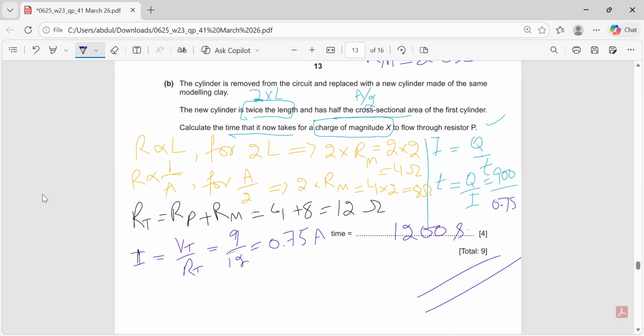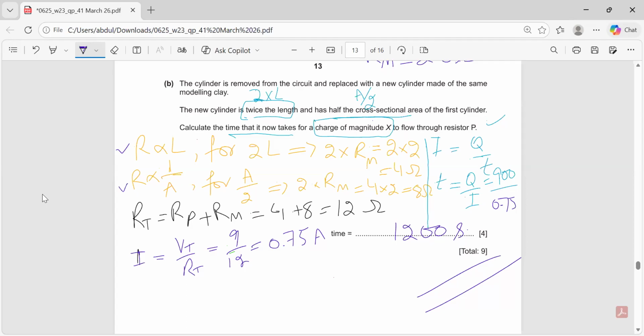Doubling the length and reducing the area to half both increase the total resistance of the modeling clay, because resistance is directly proportional to length. First line, I'm talking about this line now. When the length is doubled, resistance of the modeling clay will be doubled. So 2 times 2, 4 ohms. So resistance has been increased from 2 ohms to 4 ohms just because of increase in length by 2 times.